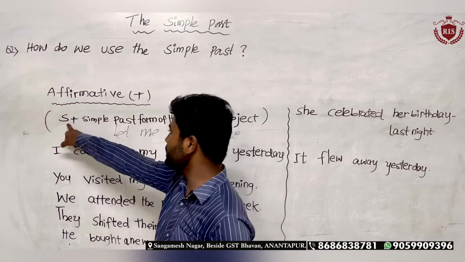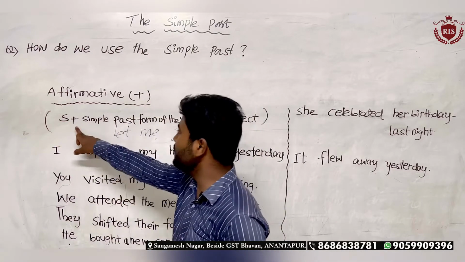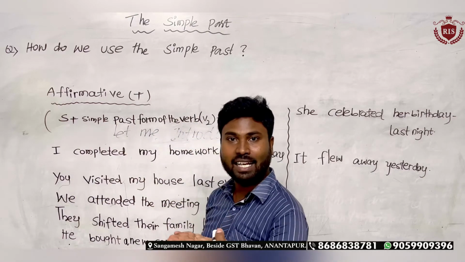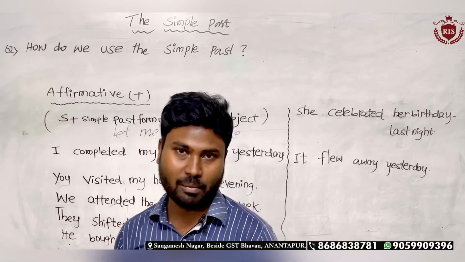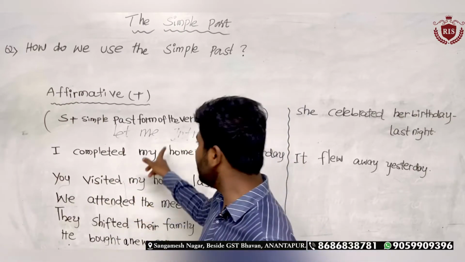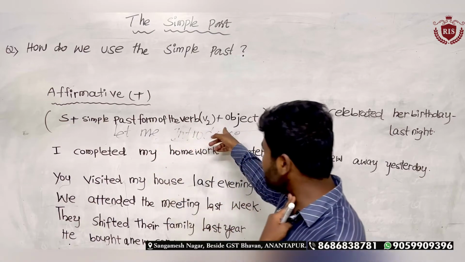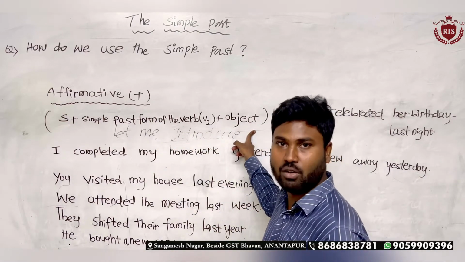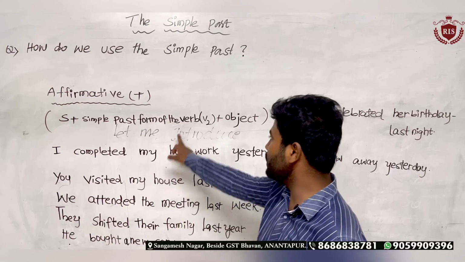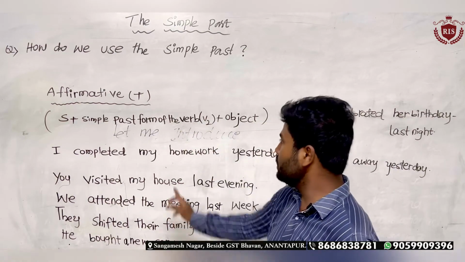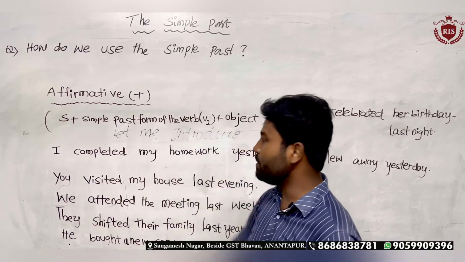First is the subject. Afterwards there should be the simple past form of the verb, that is V2. In regular and irregular verbs we discussed what the V2 form is. So that form we need to use in the simple past after the subject. Afterwards the object is as usual, it follows the V2 form of the verb. Okay, now by using this formula, let us frame some examples.